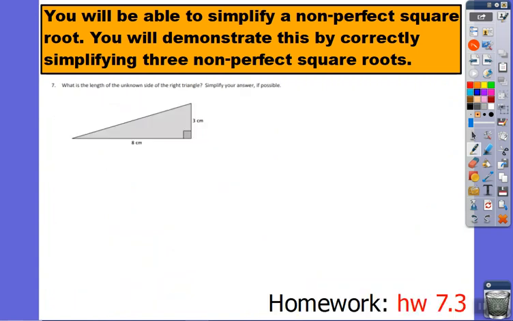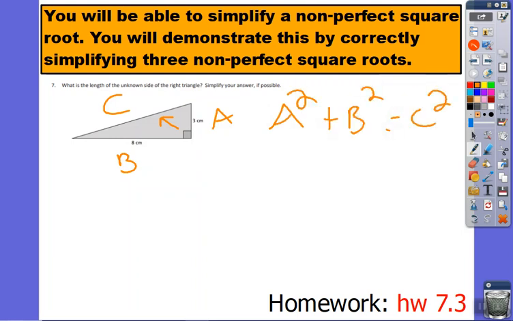We're going to do one more triangle like we did the other day. Remembering our Pythagorean theorem, we put our A on our smallest side, our B on our middle side, and our C has to be the longest side across from the right angle. I'm putting it into a squared plus b squared equals c squared. I'm going to plug these numbers in. So I'm going to put in a 3.